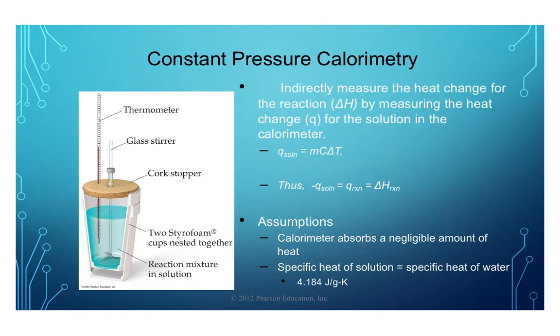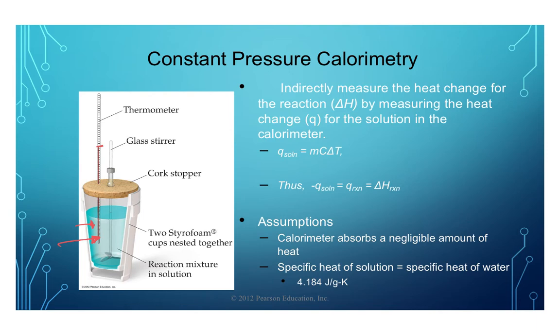All right, so when you have a reaction, you go ahead and make that reaction happen in aqueous solution. And when you do that, what you do is you measure the change in temperature during the time that that reaction is happening, okay? And so then what's going on here is the change in the temperature of the solution is going to tell us the amount of heat that the reaction created.